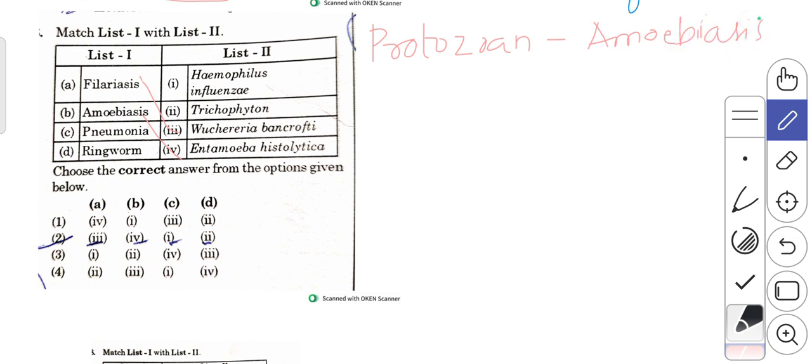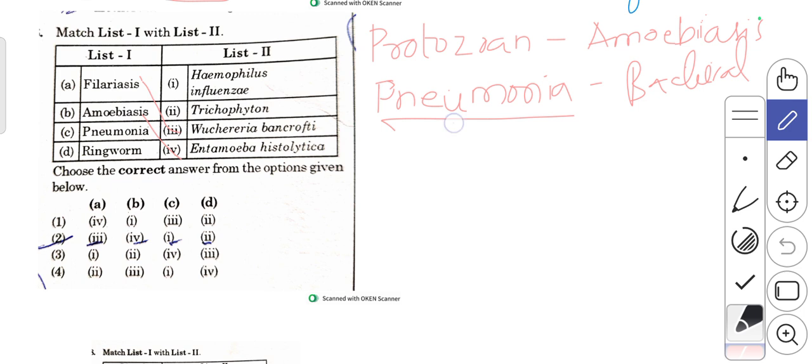Amoebiasis. Then pneumonia. This pneumonia is caused by bacteria, so it is one of the bacterial diseases. This bacterial disease is caused by causative agents. One is Haemophilus influenzae.